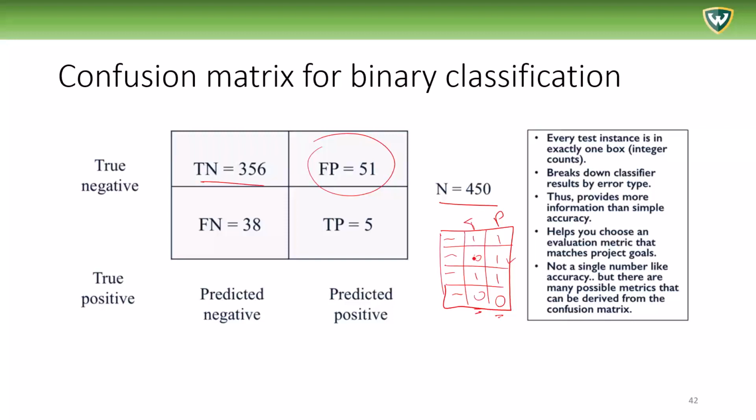That's a false positive. There's 5 true positives, meaning that the person did have COVID, like here, and the test predicted the person had COVID. And then there's 38 false negatives.